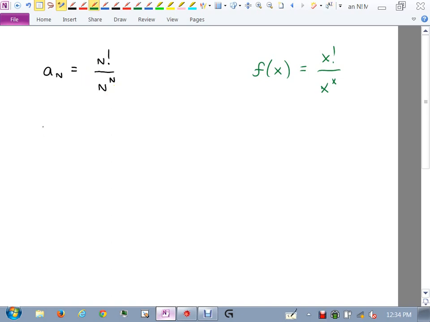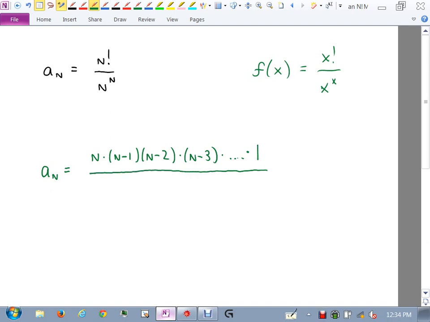Well, let's take a look real quick. Would you agree that a sub n is n times n minus 1 times n minus 2 times n minus 3, all the way till you get down to 1, right? That's what the definition of n factorial was.